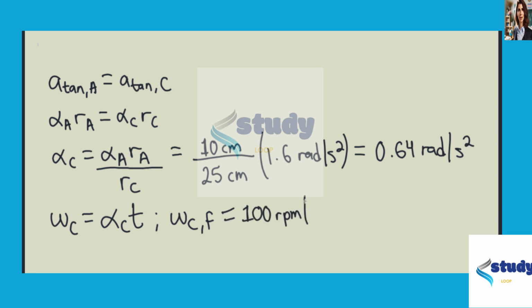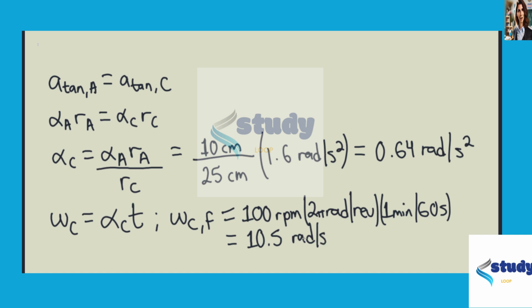And then we're going to convert, so 2 pi radians for every 1 revolution multiplied by 1 minute for every 60 seconds. This is giving us approximately 10.5 radians per second.